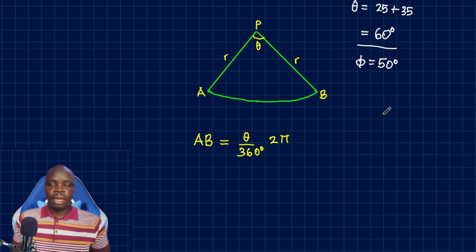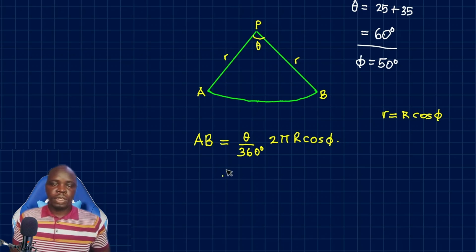And remember, small r is given by capital R cosine of this angle phi. You can use alpha, beta, or any letter of your choice. So we will replace our small r from our diagram by capital R times cosine of phi.